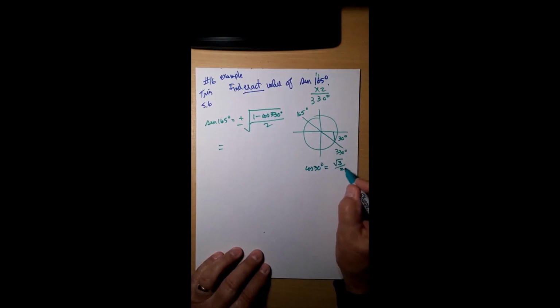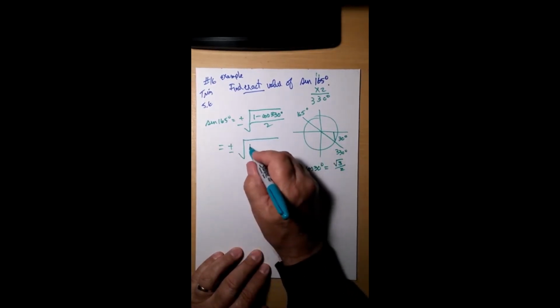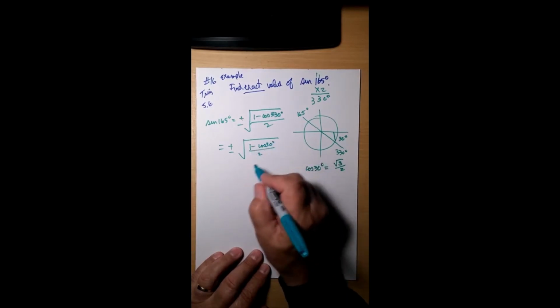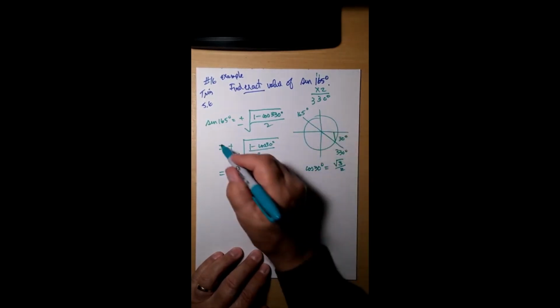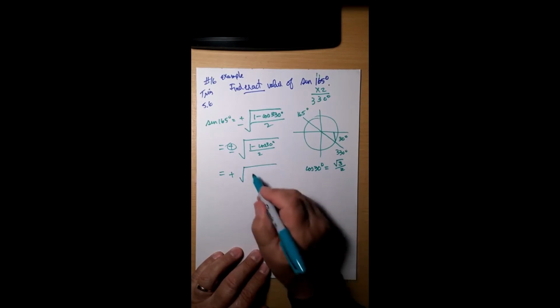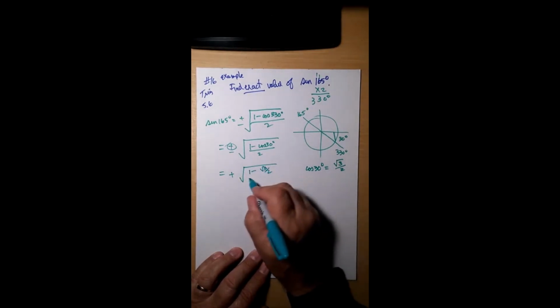The square root of 3 over 2. Now, this is in the fourth quadrant, but the cosine is still positive in the fourth quadrant. So this is plus or minus the square root of 1 minus the cosine of 30 degrees over 2. Oh, we also might mention the sine in the second quadrant is positive. So I'm going to just use the plus there. So this is 1 minus the square root of 3 over 2, over 2.